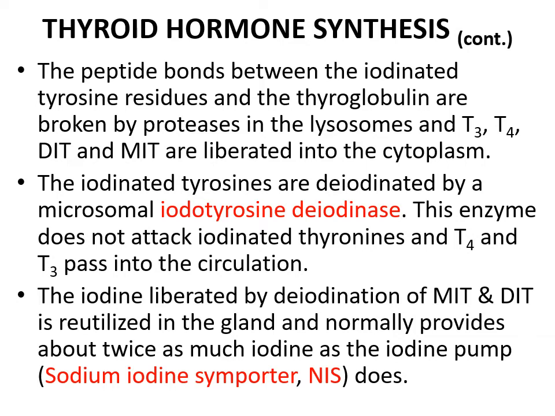The iodine liberated by deiodination of monoiodotyrosine and diiodotyrosine is reutilized in the gland and normally provides about twice as much iodine as the iodine pump, that is sodium iodide symporter, does.